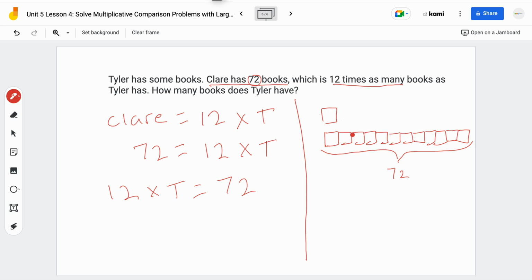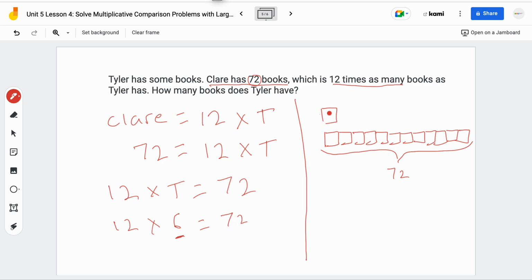Well, we're going to find out because we have to think about 12 times what will give me 72. Well, using my knowledge of my multiplication tables, I know that 12 times 6 is 72. So T has to be equal to 6. So 12 times 6 equals 72.